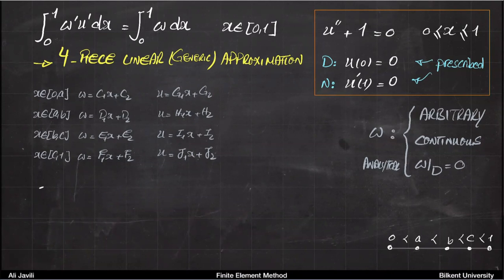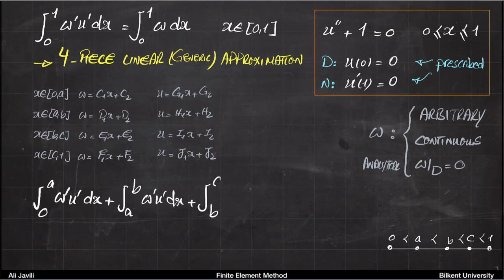Eventually what happens is that you would just write your W prime, U prime integral, instead of 0 to 1, from 0 to A, then from A to B, then from B to C, and from C to 1, and that would be equal to the integral from 0 to A of W dx.